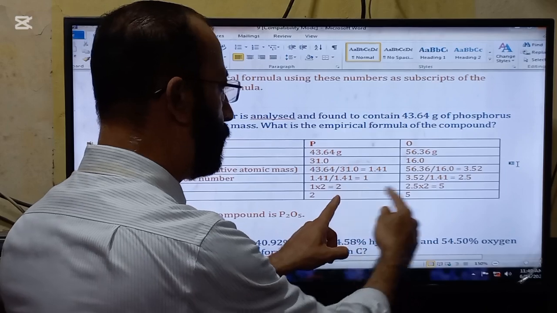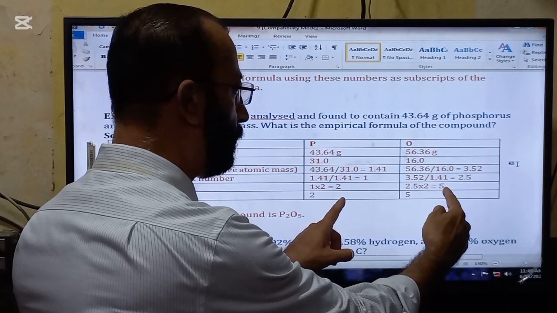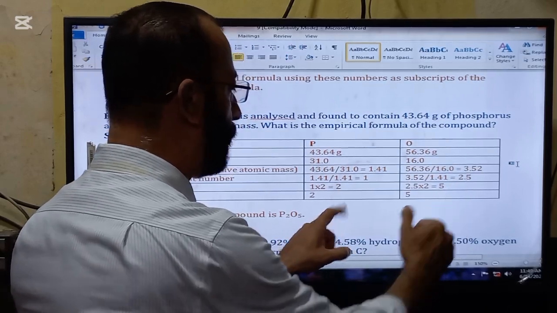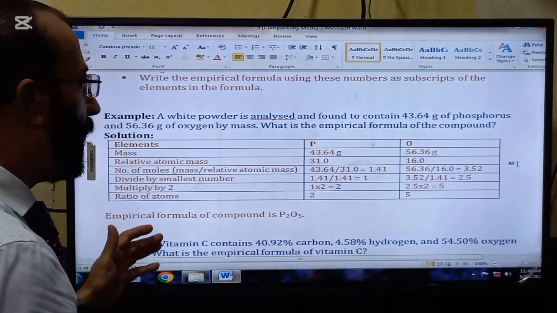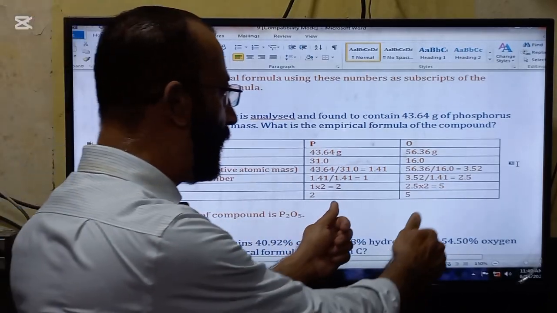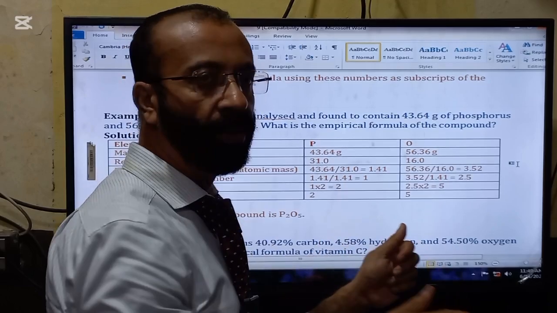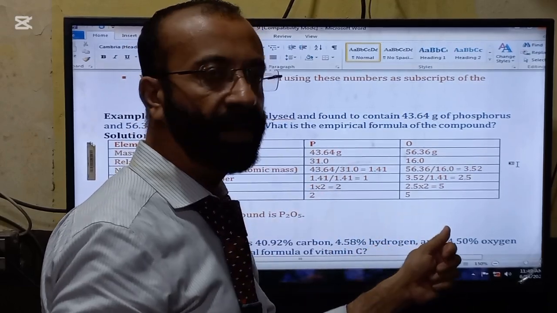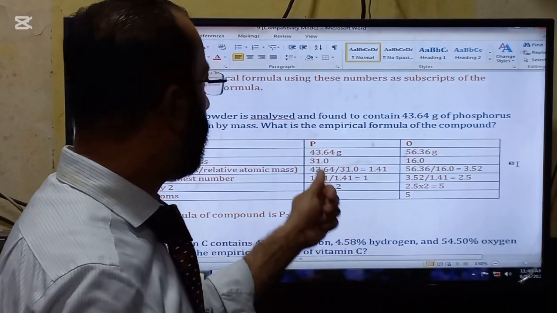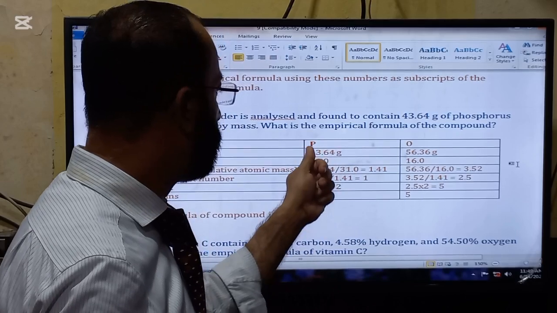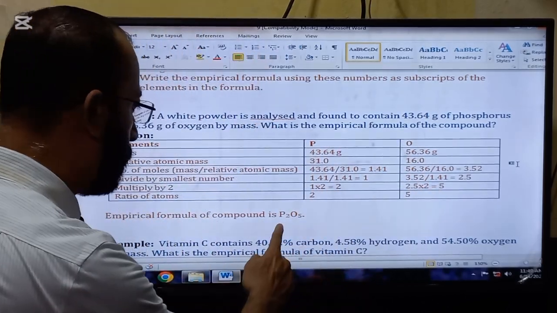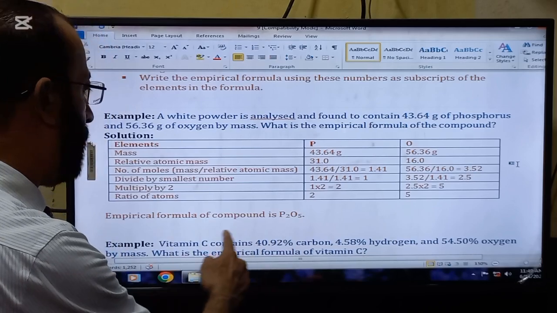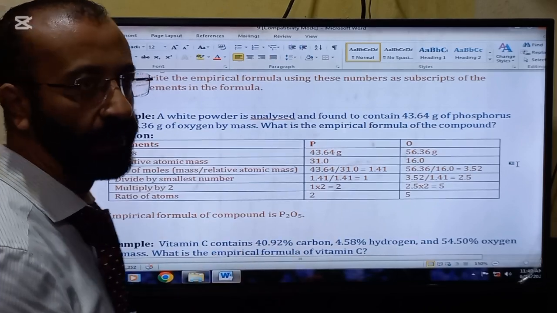So 1 times 2 is 2 and 2.5 times 2 is 5. Here are the numbers now. The final step: because these are now whole numbers, represent them as the subscripts of the elements. So P2O5 is the empirical formula of the compound.